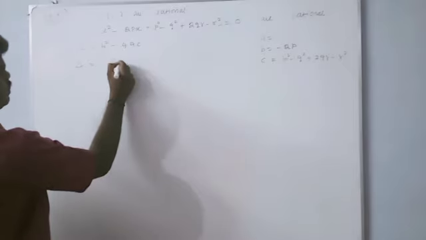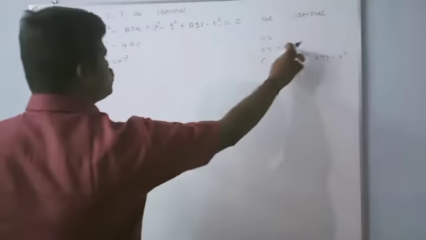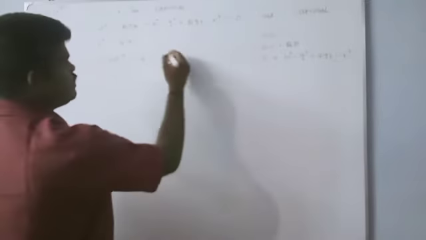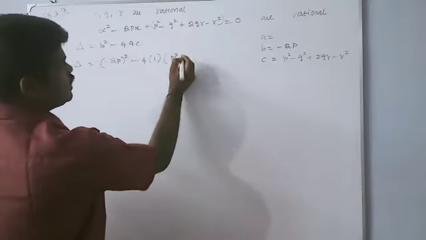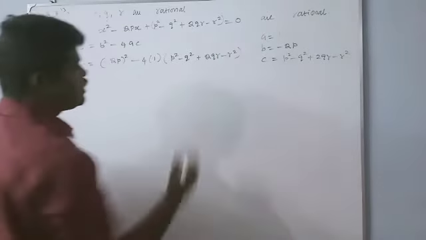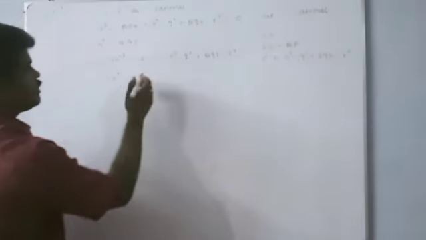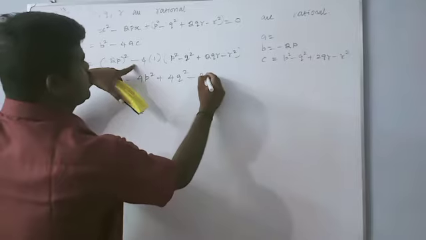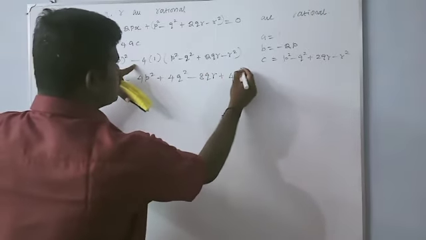This is minus 2p the whole square, minus 4 into a value, 1, and c value, p squared minus q squared plus 2qr minus r squared. Therefore, minus 4p squared plus 4q squared minus 8qr plus 4r squared.